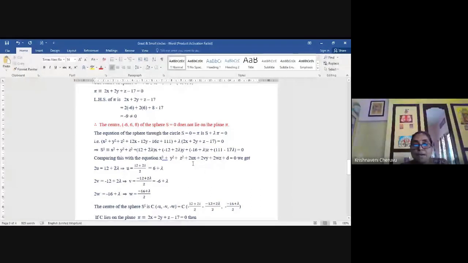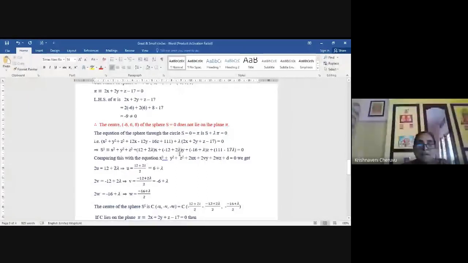Now see here, I'm comparing the coefficients of x. The coefficient of x here is 2u. The coefficient of x here is 12 plus 2 lambda. When you equate them, you get u as (12 plus 2 lambda) by 2. Next, you equate the coefficients of y. The coefficient of y here is 2v. The coefficient of y here is minus 12 plus 2 lambda.